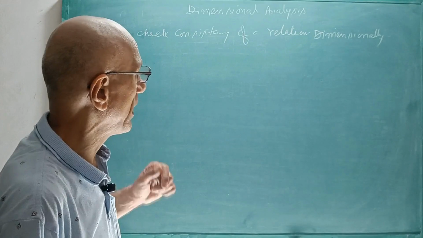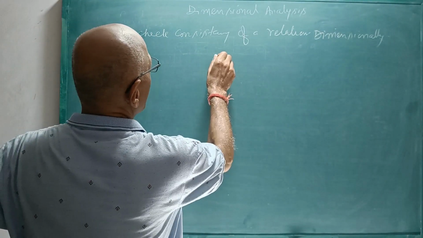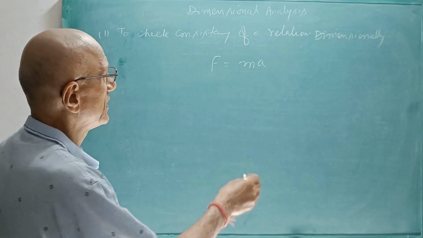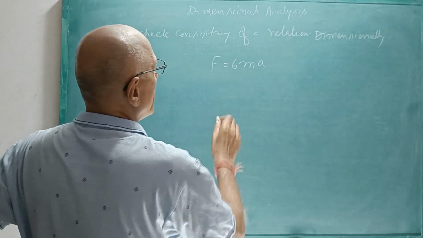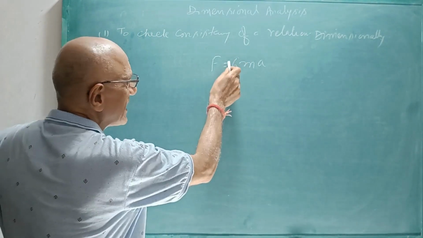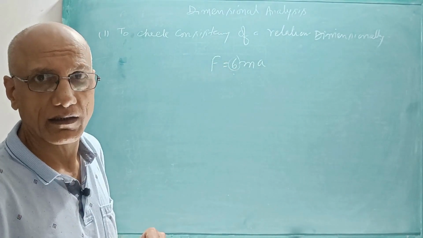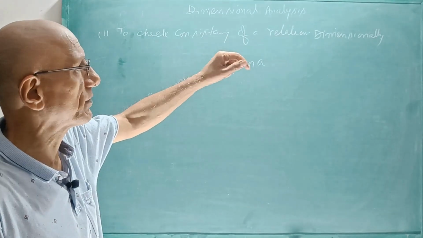Dimensionally means, you might have heard about or you know the relation F is equal to MA. So whether it should be 6 MA or 3 MA or 1 MA, this cannot be found here with the help of dimensional analysis.